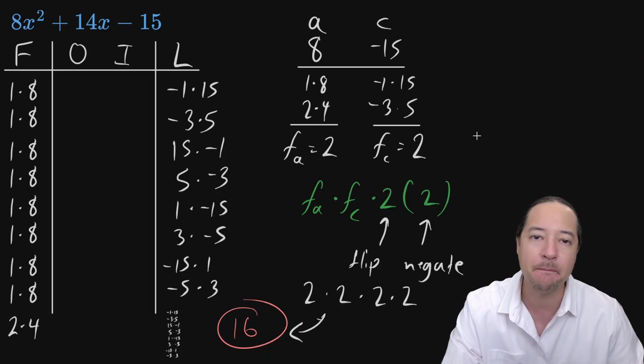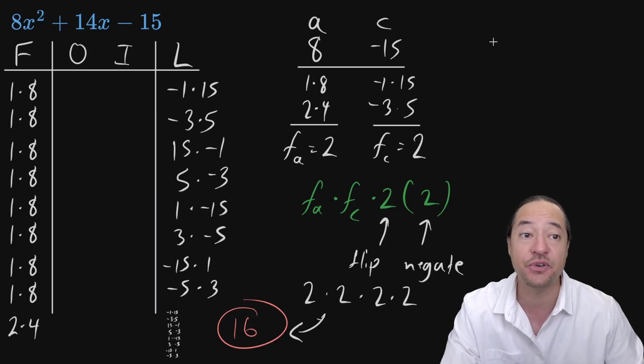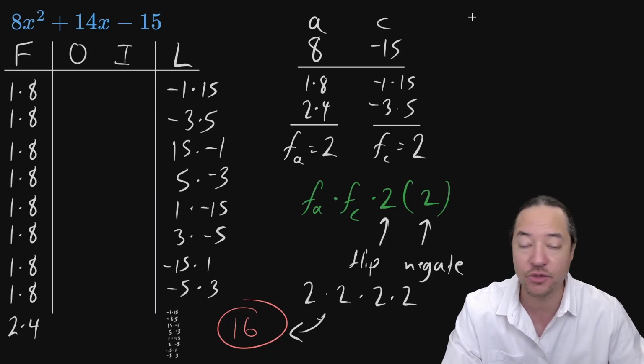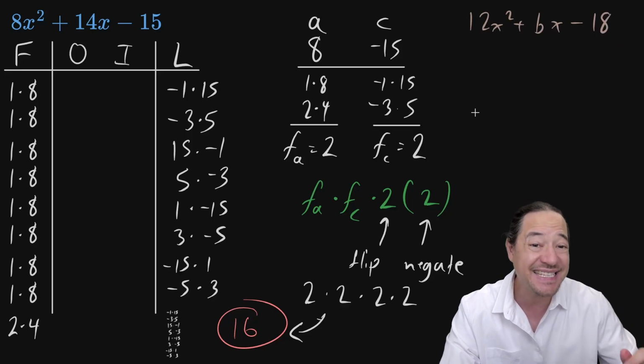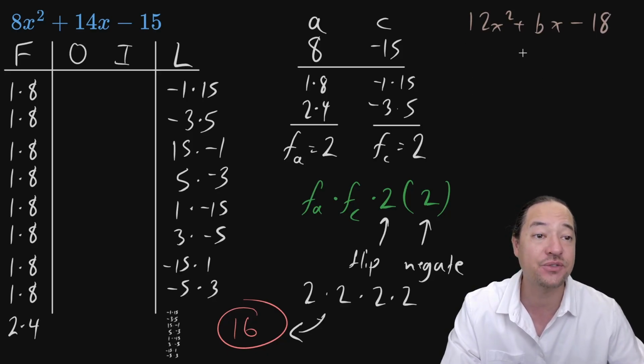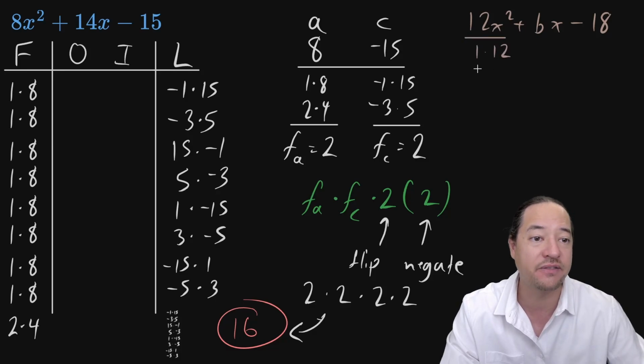You can imagine maybe you had different numbers. Maybe you had a different quadratic that we started with. How about a 12x squared plus, I don't know, something here. I don't care about that too much. And we'll do a minus 18 over here. So in this case, if you look at the factorizations, for the first one, you could have 1 times 12, you could have 2 times 6, you could have 3 times 4.